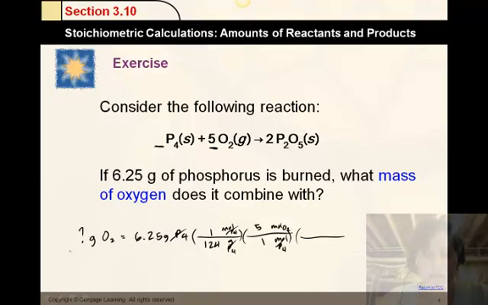And then finally, moles of O2 to grams of O2. 1 mole is 32 grams, because oxygen is 16, and I think the answer, it's showing up underneath there, is 8.07 grams. So that's how we calculate using stoichiometry.